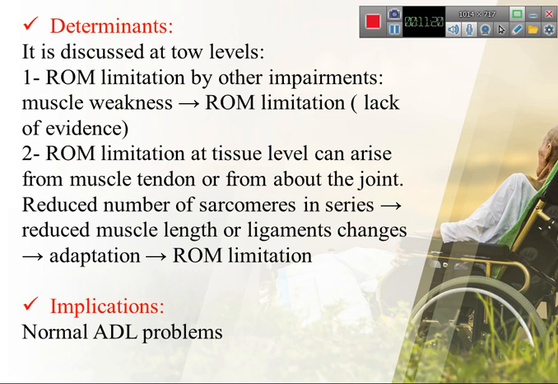Although a reduced number of sarcomeres in series can lead to reduced muscle length or ligament changes, the CNS, the PNS and other soft tissues adapt to this change in ligaments or muscle length. And finally, it can lead to ROM limitation. It can affect our normal ADLs, our normal functional activities.